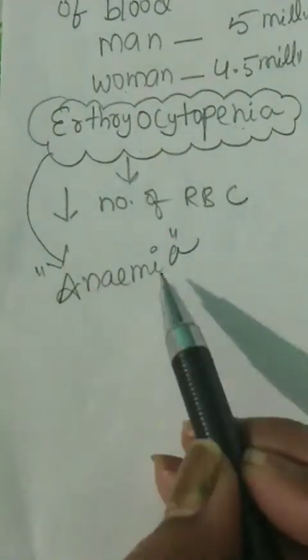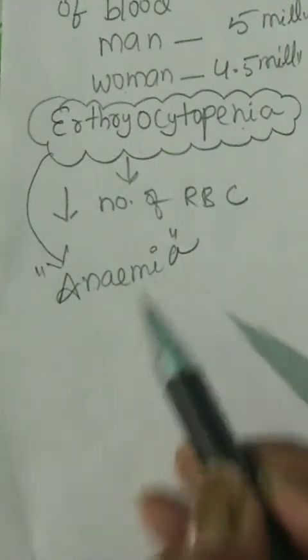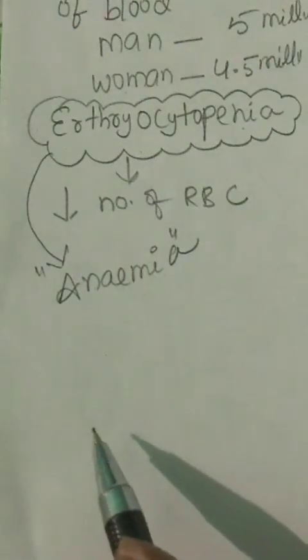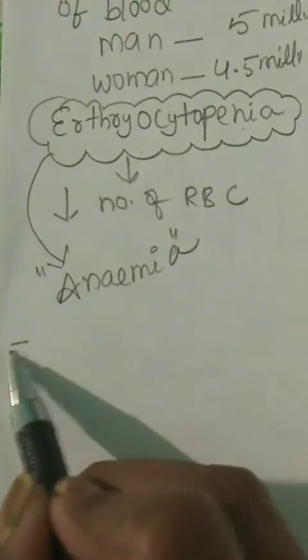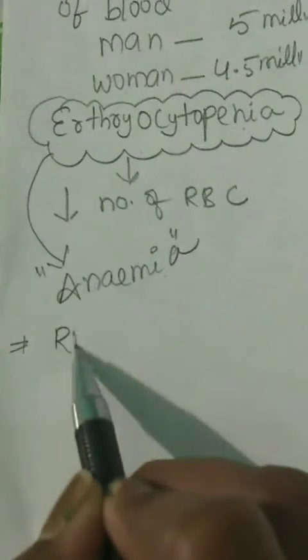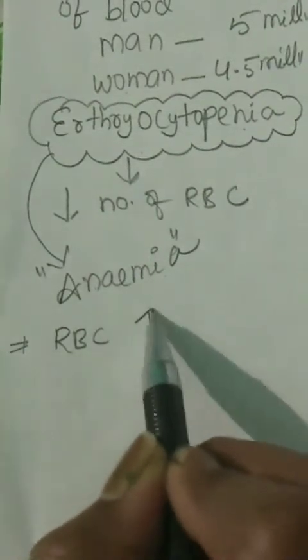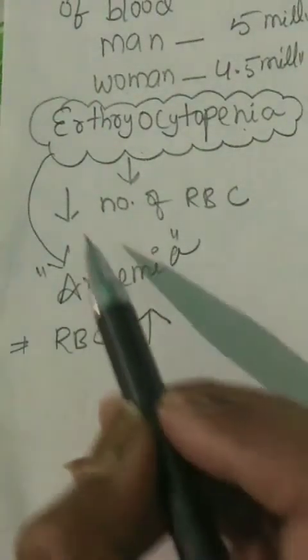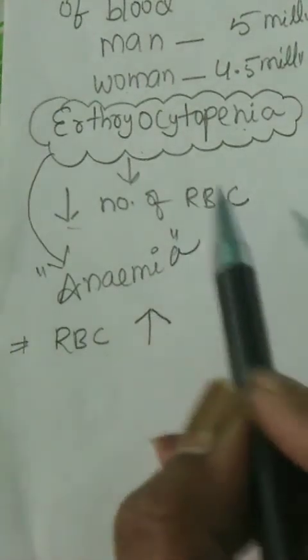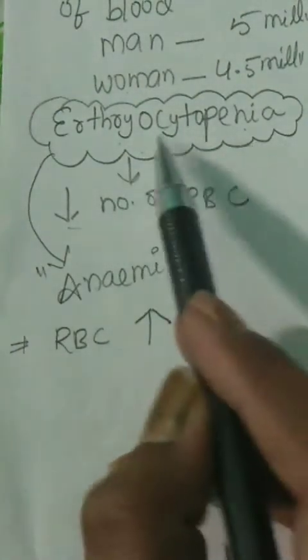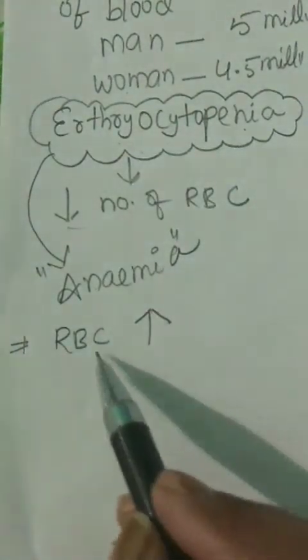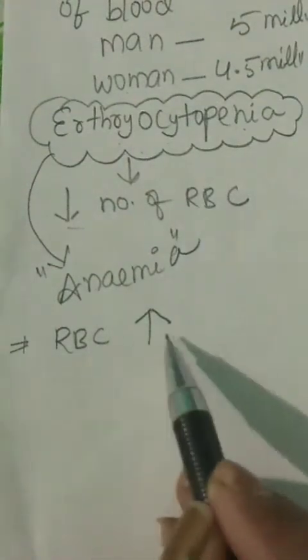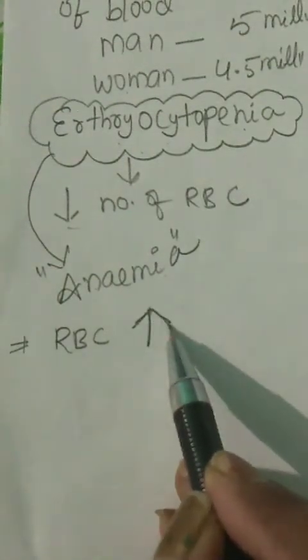In the first case, the number of RBC decreases, which is called erythrocytopenia, which leads to anemia. But in the second case, the RBC count rises abnormally.